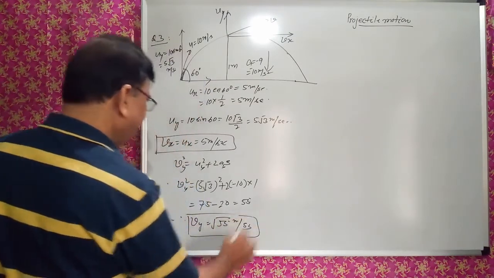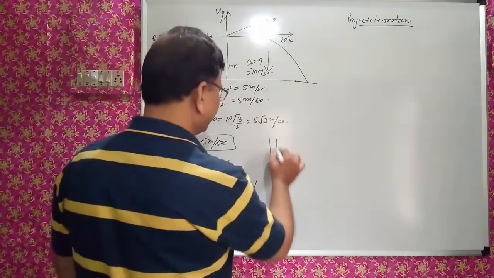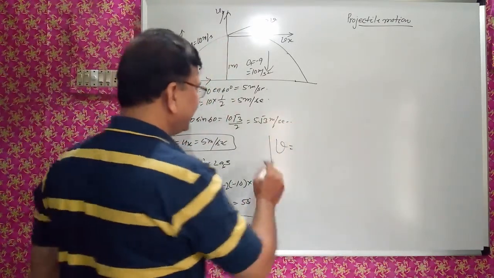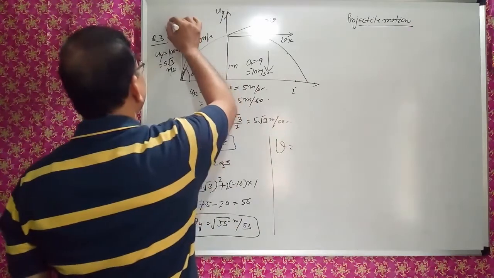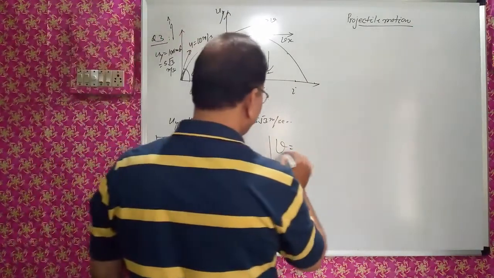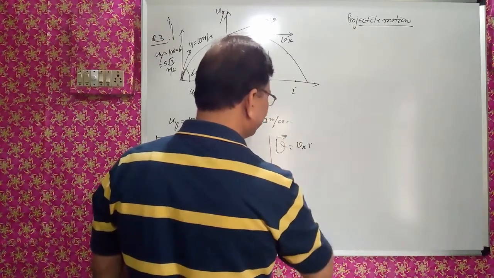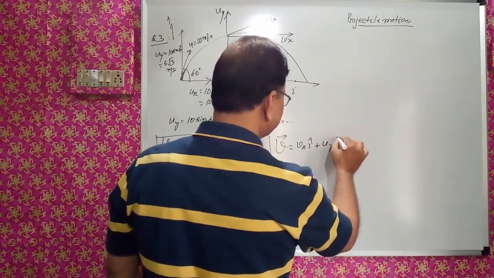So Vx and Vy are known. So V is equal to what? If we resolve into Vx and Vy, the unit vector along this is i, the unit vector along this is j. Then V we can write in vector form as Vx i plus Vy j.